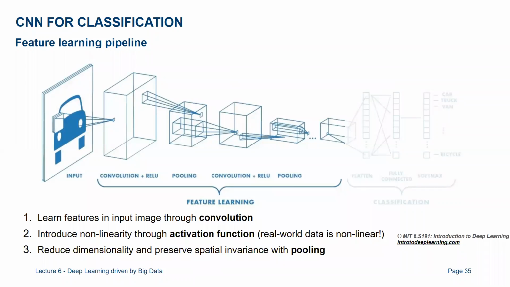So again, this is another view of it. Probably now you're understanding it. We have the input, and we have these different types of repetitive layers, and this is exactly the feature learning part, where the magic happens, where the features are learned automatically with the convolution, the activation function, and pooling.